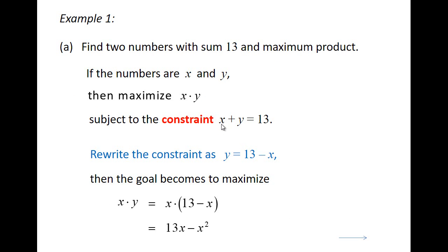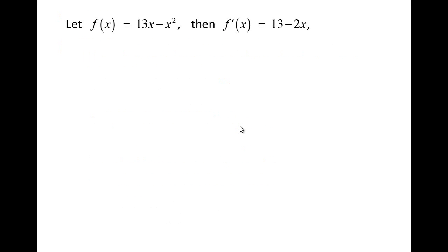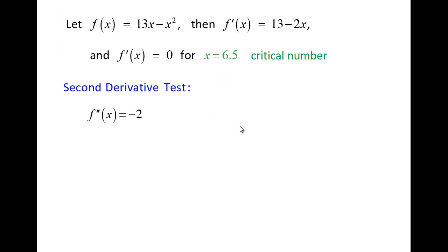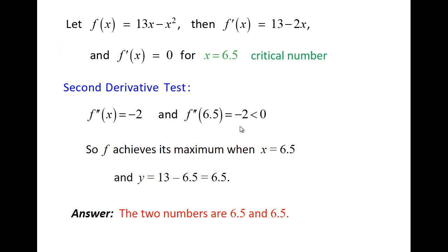Now if I pick x to be 2 and y to be 11, then we still get 13 here, and 2 times 11 is 22. So there are many ways we can pick the values of x and y, and when we pick x and y to be both equal to 6.5, that's when we get the maximum product.